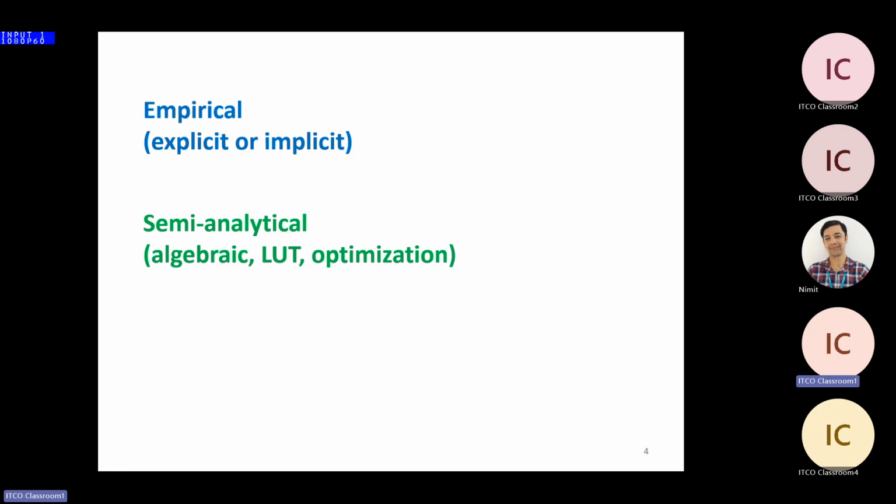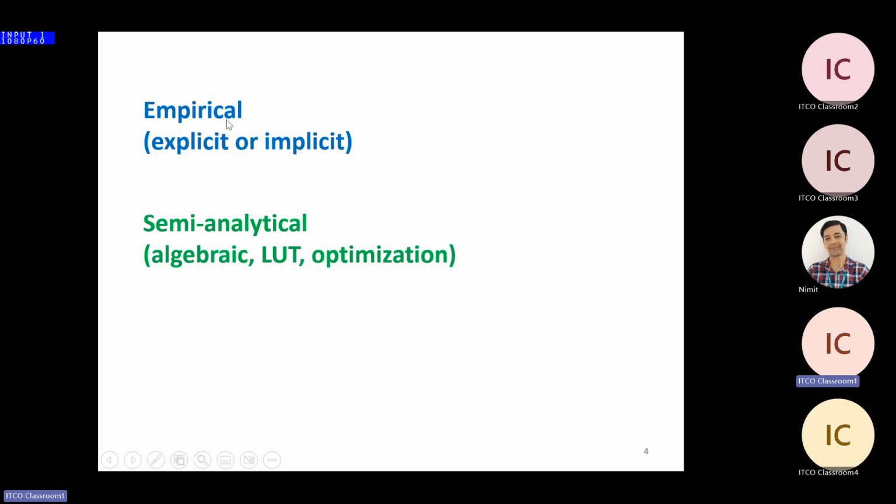Explicit is based on regressions, where you can see the function and the coefficients of those functions. So that's why I call it explicit empirical. Implicit is based on AI, neural nets or machine learning, where you do not see equations. It's all hidden in the computer code, basically.